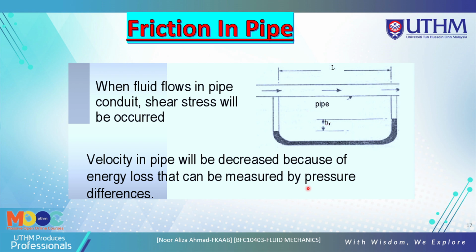This is the calculation and solution for this question. Now we look at the friction in pipe. When fluid flows in a pipe conduit, shear stress will occur along this pipe. Velocity in the pipe will decrease because of energy loss, which can be measured by pressure difference. This is called HF, the head loss.